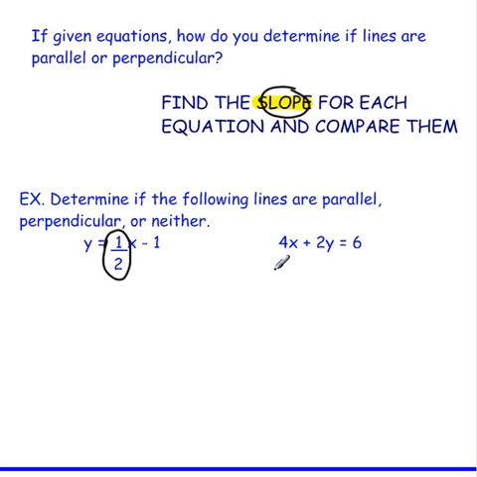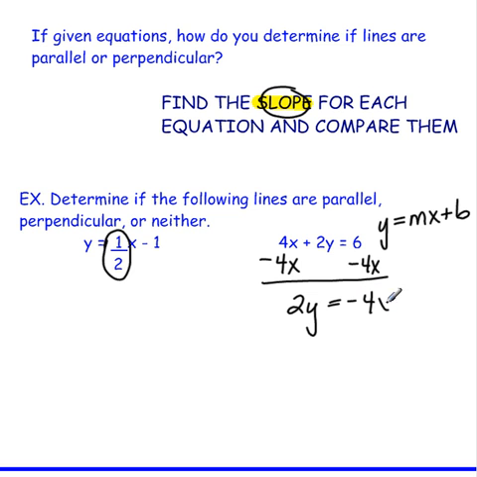If you said standard, you were exactly right. So it's hard to depict what the slope is from standard. So let's transform this and put it into slope-intercept form, which is y equals mx plus b. So here we go. Trying to get y by itself, I'm going to move the 4x term to the other side by doing the opposite. So on the left, I have 2y equals -4x plus 6.